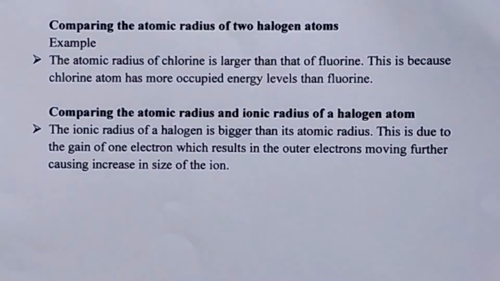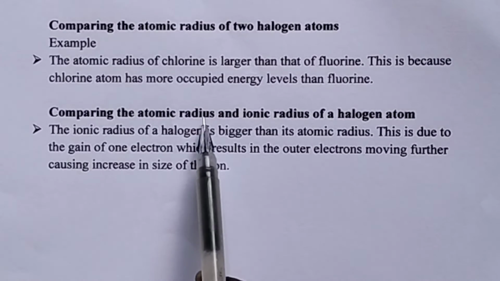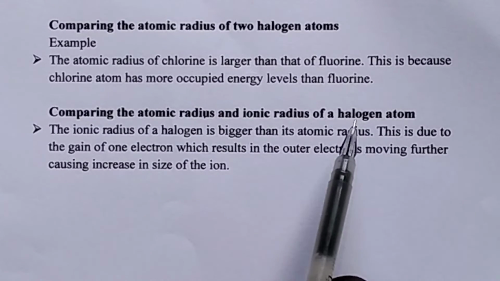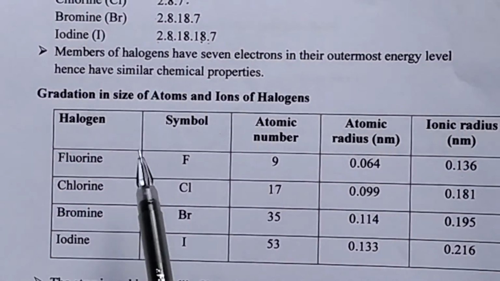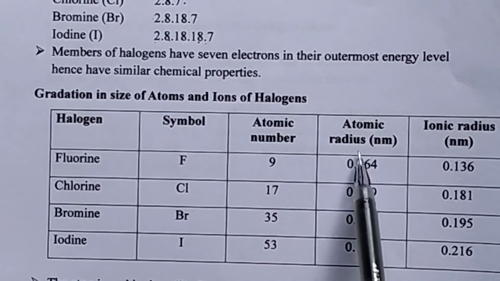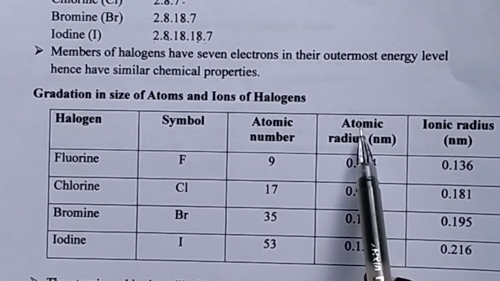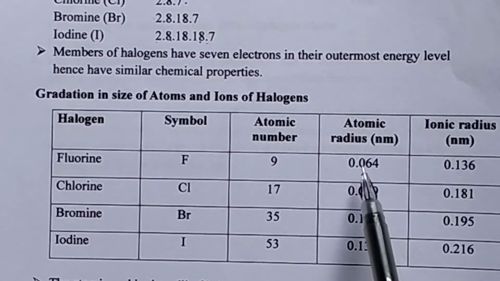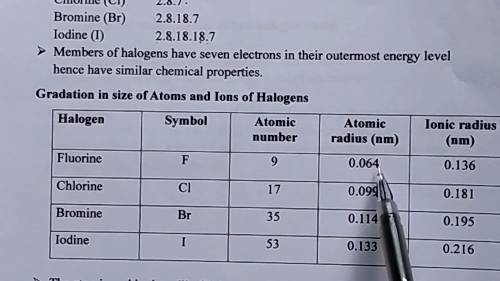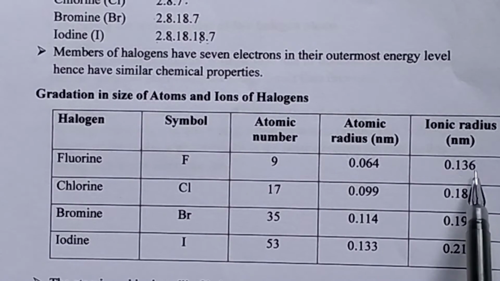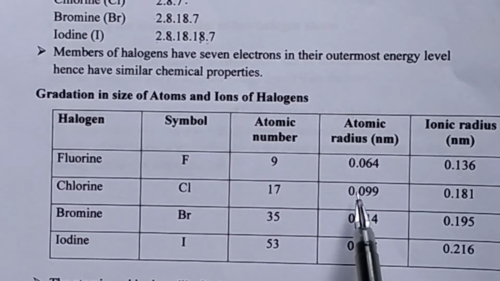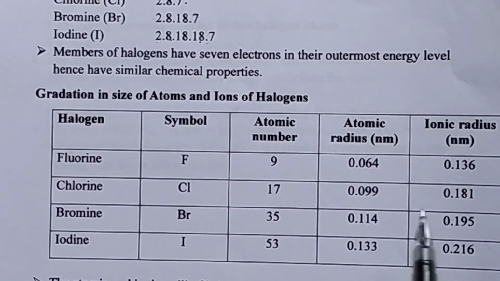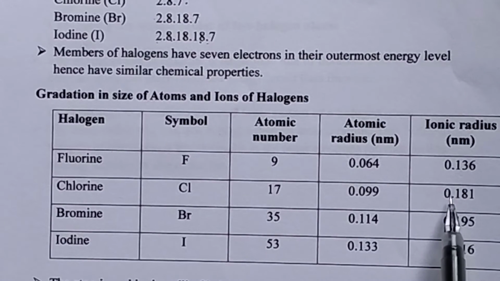Okay, next, let's compare the atomic radius and the ionic radius of a halogen atom. In this table, for fluorine, the atomic radius is 0.064 and the ionic radius is 0.136, so the ionic radius is bigger than the atomic radius. For chlorine, the atomic radius is 0.099 but the ionic radius is 0.181, showing that the ionic radius is bigger.